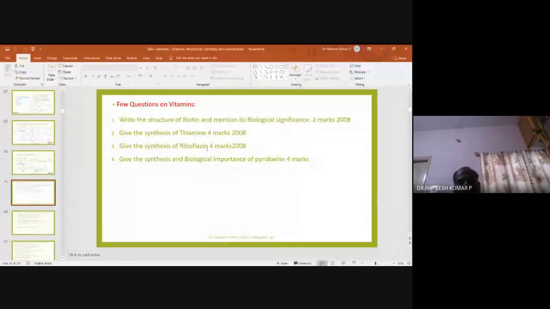If you are struggling anywhere in between, look into the notes and continue. That way, practice is required for organic chemistry. For the theory part, you can read, there is no issue. Okay, clear?